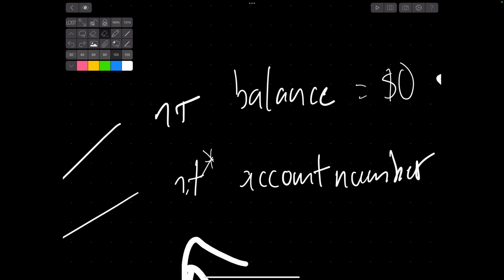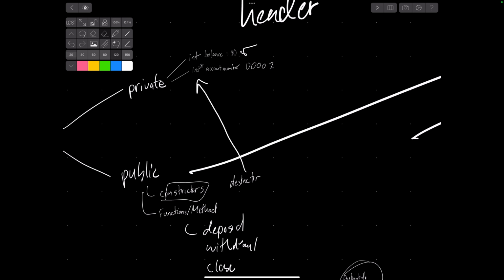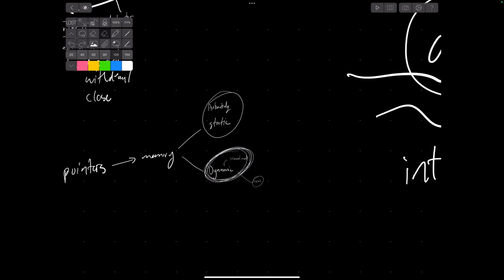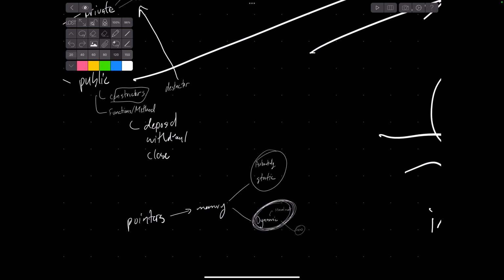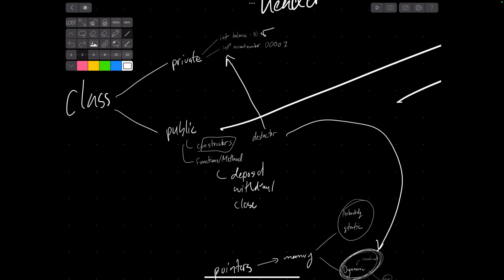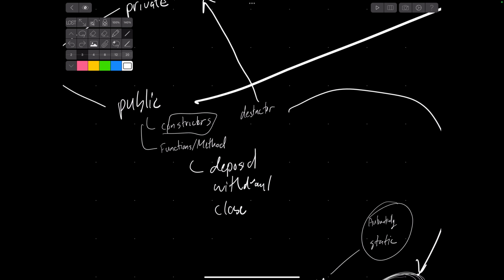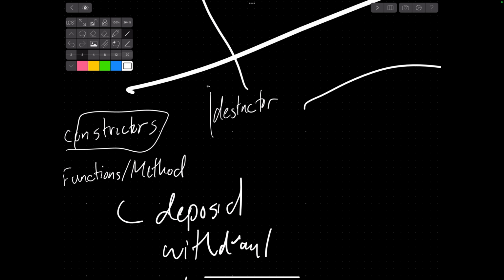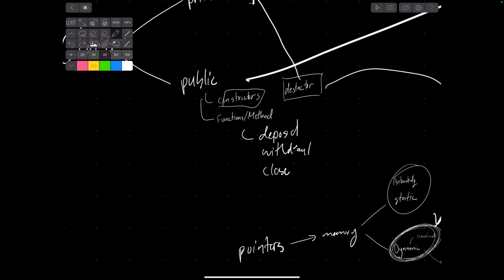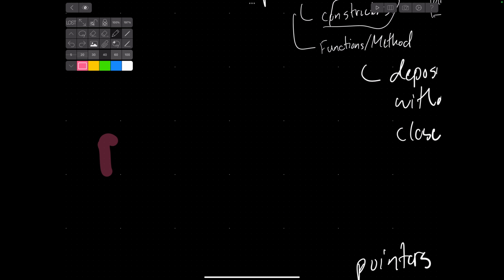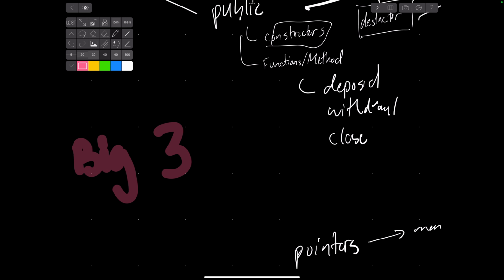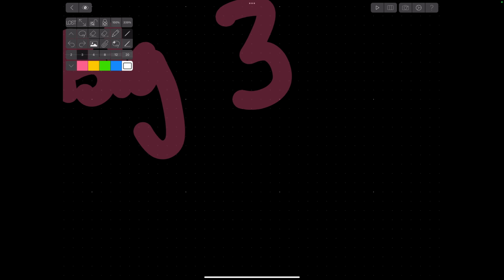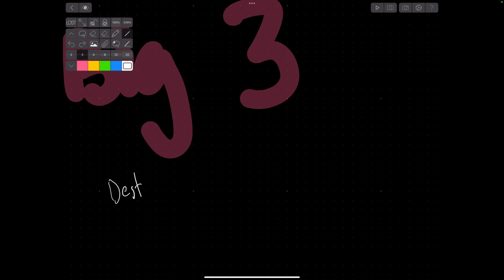But if we have a pointer that's pointing to dynamic memory, well, before the pointer is deleted, we have to actually destroy what's in dynamic. So that's one of the things from the big three. So one of the things from the big three is a destructor.